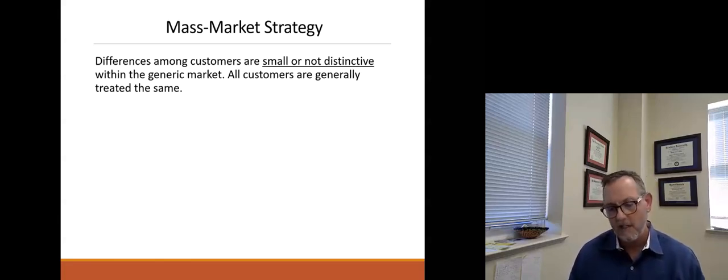The idea is we take all the consumers who have a need or a want for our product or product category, and we don't distinguish among them. We try to pitch our product the same way to all of them together, and again, don't find distinction or don't find nuances that would separate them into groups. So this is like not segmenting.